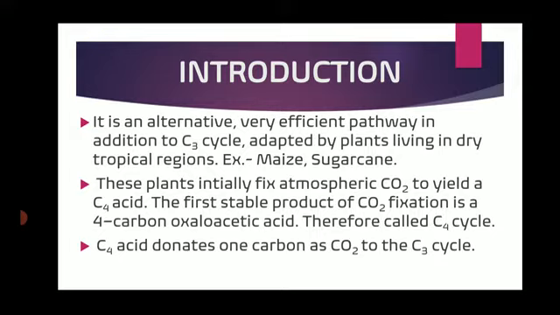That means the plants which carry out the C4 cycle also carry out the C3 cycle for the formation of glucose, isn't it? So in addition, they have the C4 cycle. So who provides carbon dioxide to the C3 cycle here in this case? It is the C4 acid which is formed in the C4 cycle.